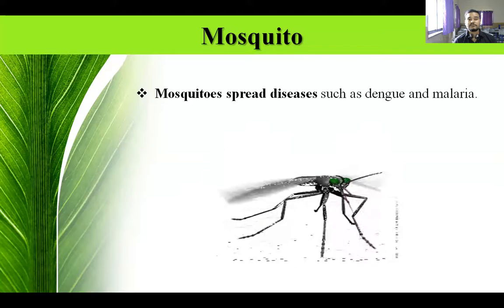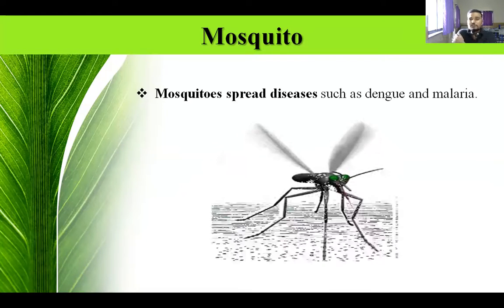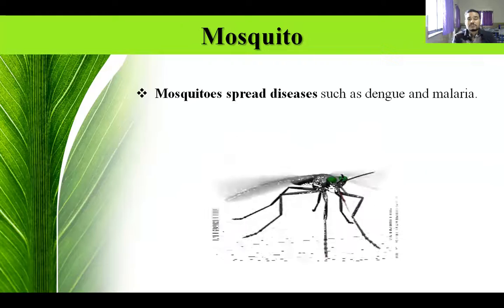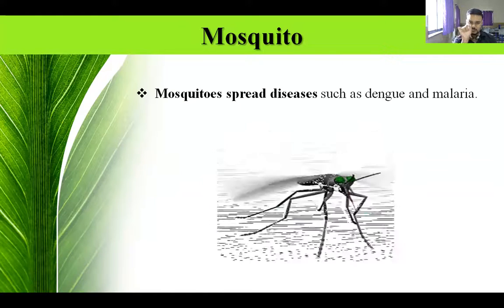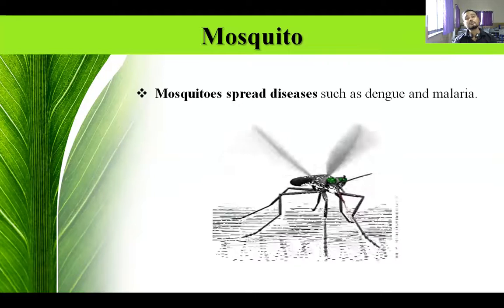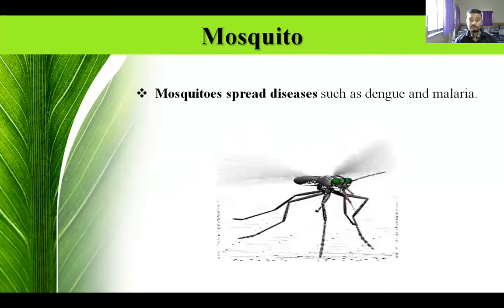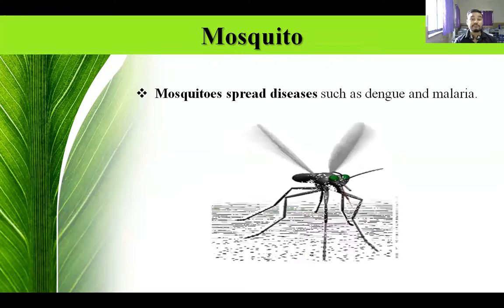When you are sitting in your balcony or somewhere in the evening time, suddenly you start doing this and that, because small insects are coming and they just start biting. So those are mosquitoes. Mosquitoes are very dangerous, but they are insects, so that's why we are studying them.